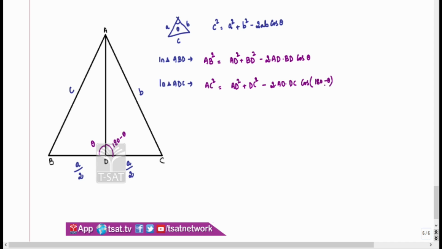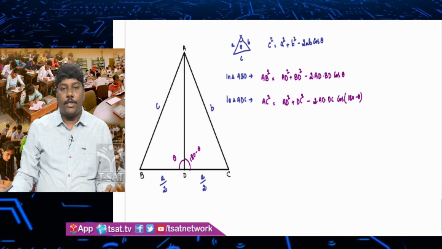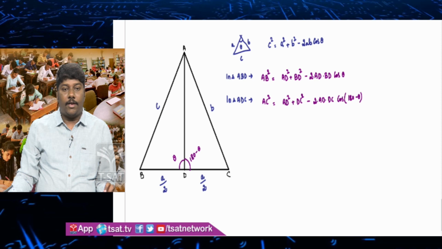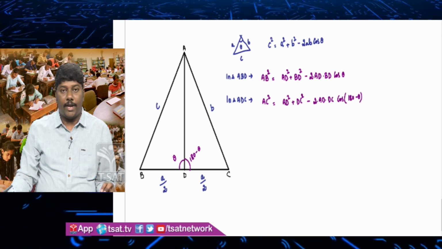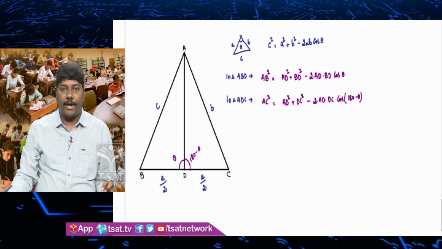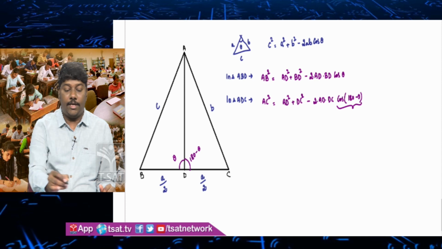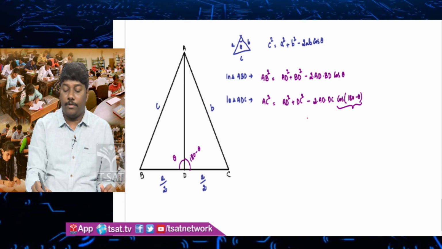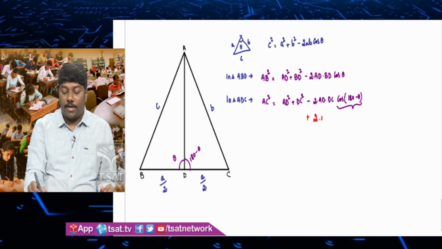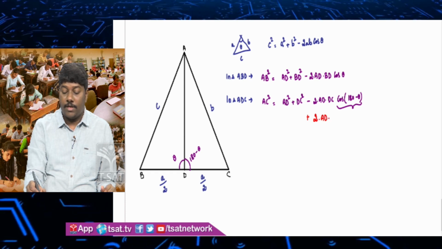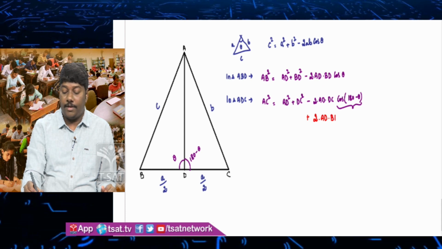Here D is the midpoint of BC, so we can say BD is equal to DC. We all know that cos 180 minus theta is equal to minus cos theta. Therefore, this whole thing becomes plus 2 into AD into DC, which is the same as BD, into cos theta.